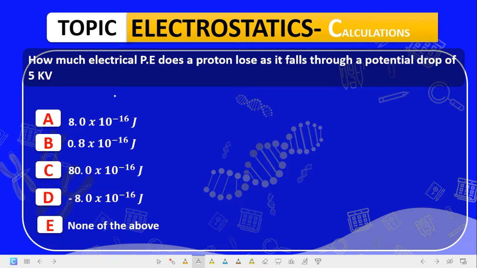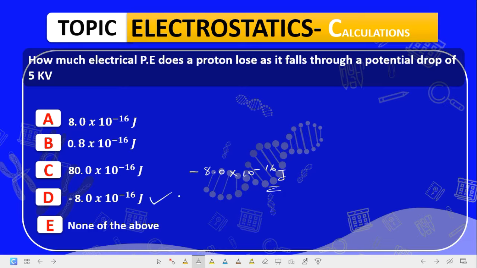There was this question we solved: how much potential energy does the proton lose at its force through a potential drop of 5 kilovolts? The correct answer, we solved it and it gave us negative 8.0 times 10 raised to the power of minus 16 joule. But we took the positive value, which is A. That's not the correct answer.